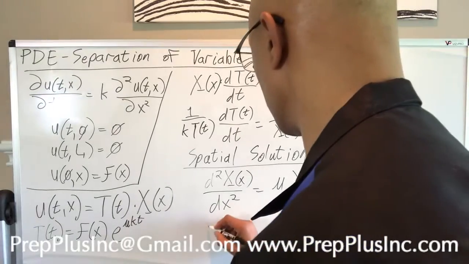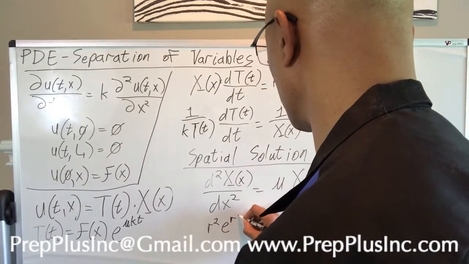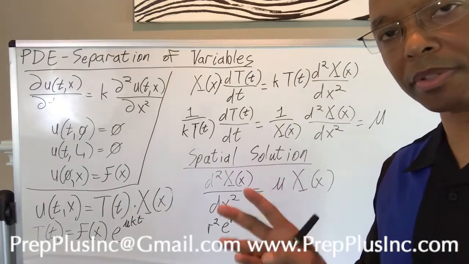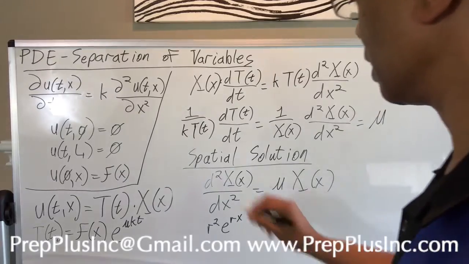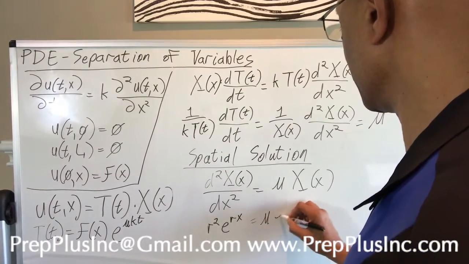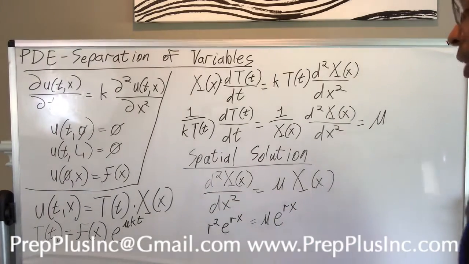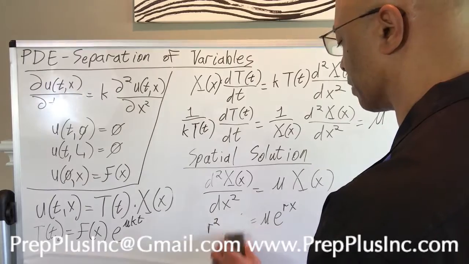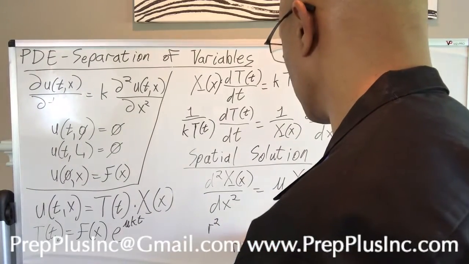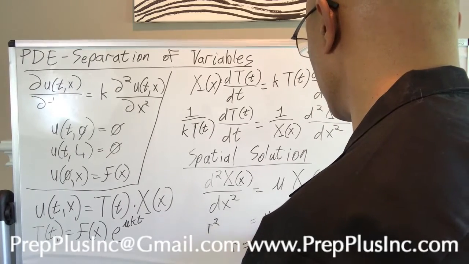We get r squared e to the rx, disregarding any constants for the moment, equals mu e to the rx. Dividing both sides by the same thing, r equals plus or minus the square root of mu.